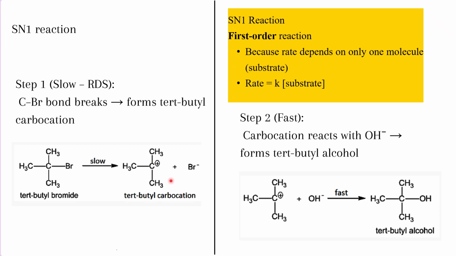Hence, there is no dependency of the rate on the nature of the nucleophile, because any nucleophile will give this particular reaction. But yes, the stability of the carbocation is of great importance, because if your carbocation is not that stable, it is not going to give a proper SN1 reaction.